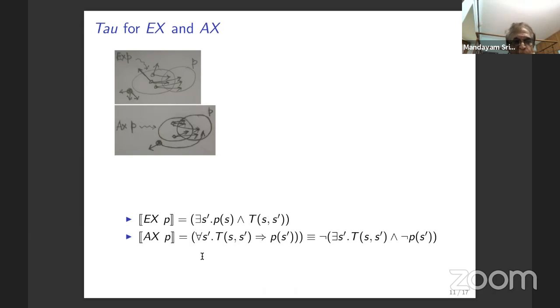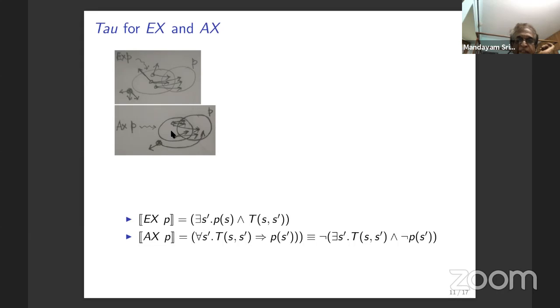So AX of P denotes this set of states, okay? Once again, it's a pre-image, so it's the set of all states such that every successor from that state is required to be inside P. It cannot have states where one successor goes into P and the other goes out.